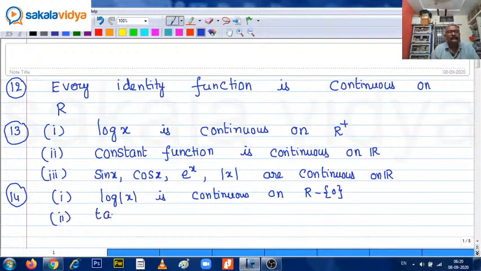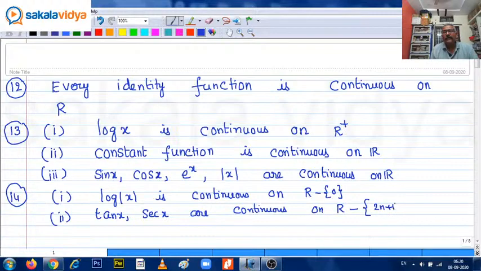Tan x and secant x are continuous on their domain. The domain is R minus (2n plus 1) pi by 2, where n belongs to Z. Discontinuous means at x equal to (2n plus 1) pi by 2 only.